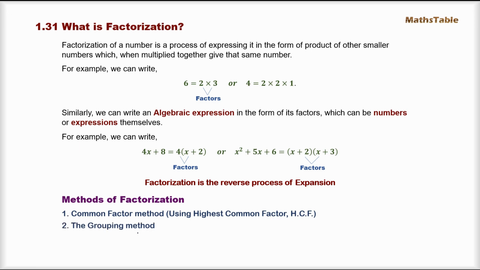Then we have the grouping method, the algebraic identities method, and the sum product method, which is also conveniently known as the midterm breaking method. Based on different expressions, we may have to use different factorization methods. We're going to discuss all of these methods in greater detail in the subsequent sections.